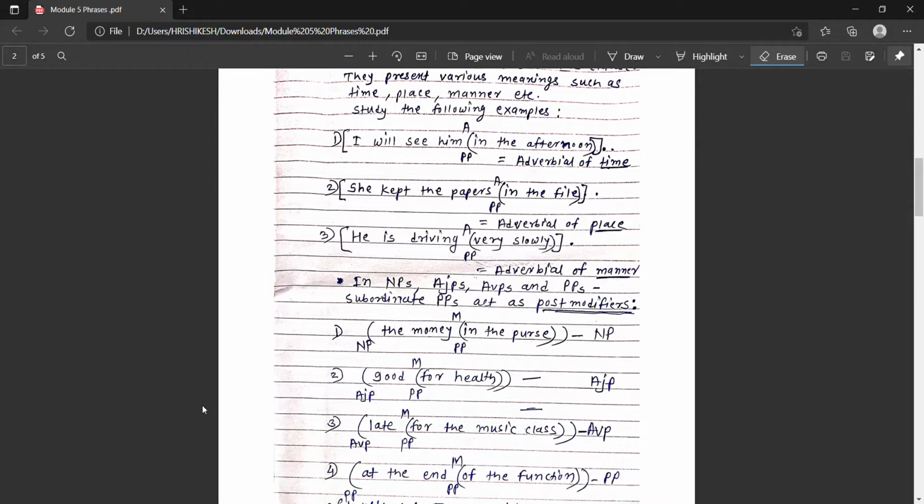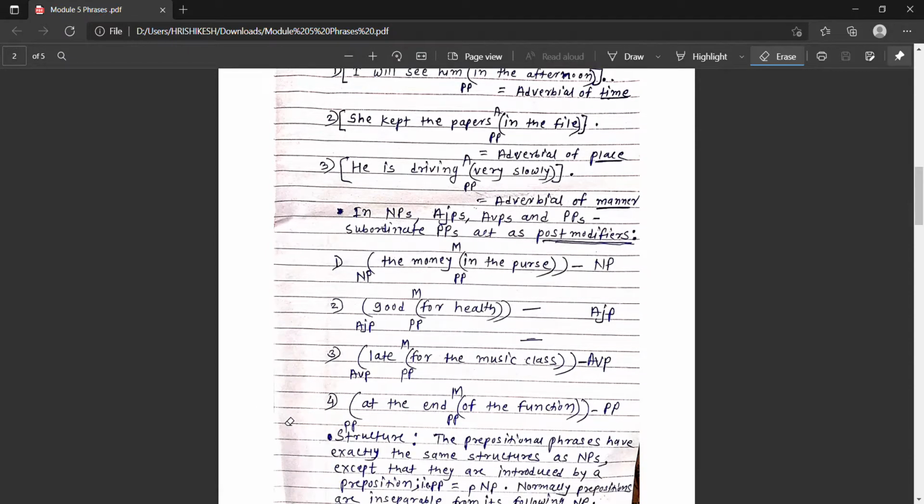Then the third example is of an adverb phrase. What is the third example? Late for the music class. We have enclosed for the music class in a round bracket and given the label prepositional phrase because it begins with the preposition for, and it functions as a post modifier of which word?